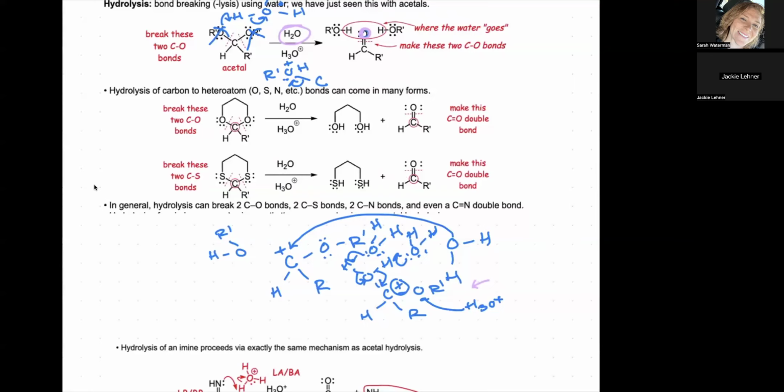Now, if you're saying, wouldn't both of these leave at the same time? No, because then we would have two positive charges on a carbon. That definitely wouldn't happen. So one is going to break off, and almost simultaneously, not literally, but pretty close, this water molecule is going to come and hop on there.